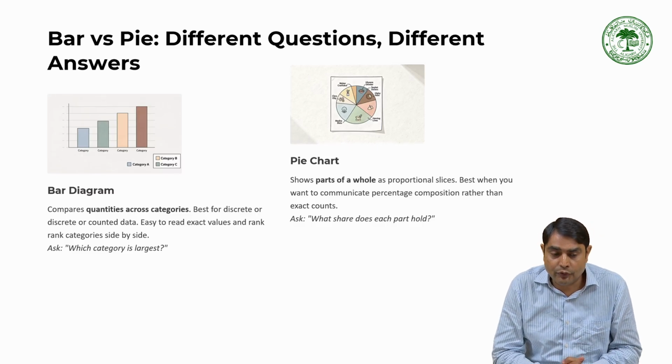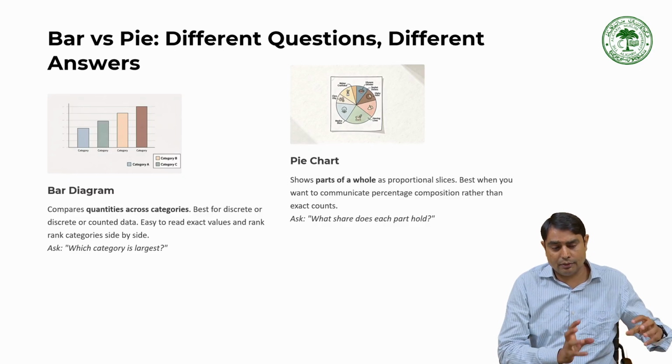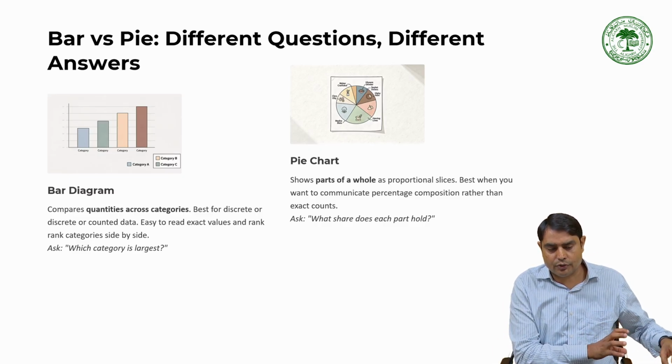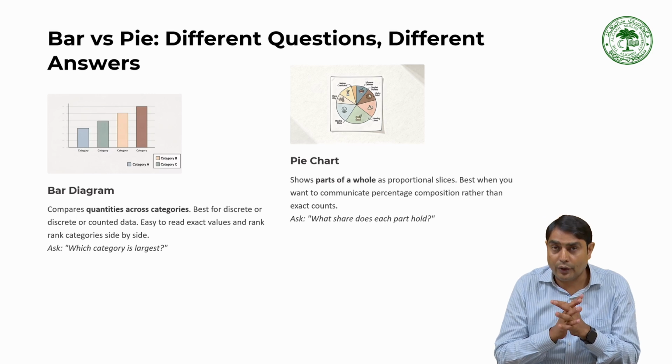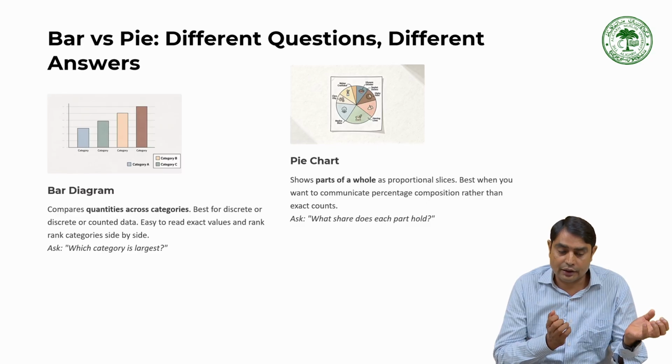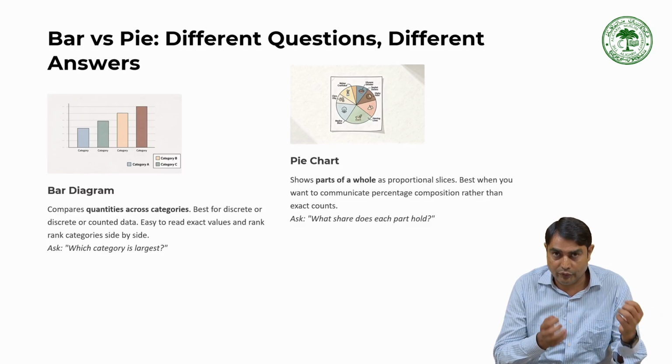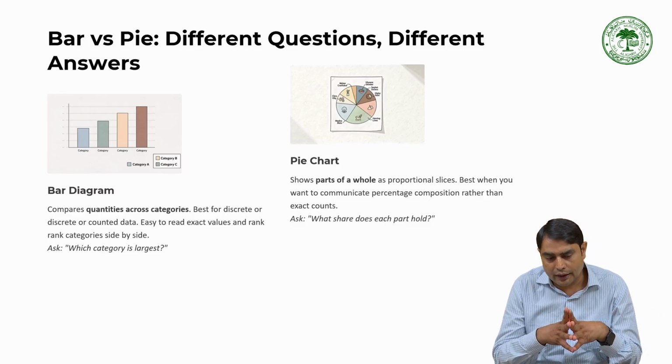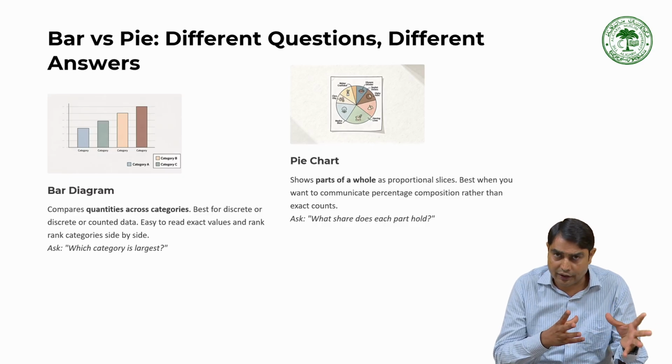So what is the difference between bar and pie chart? A bar diagram is useful when you have to quantify across the categories. It is best for discrete series where data is counted, or when you are handling categorical data.